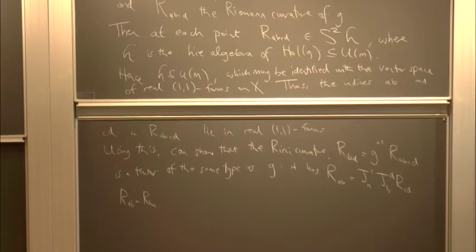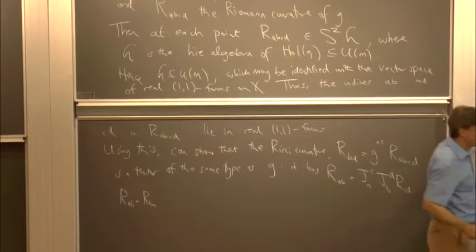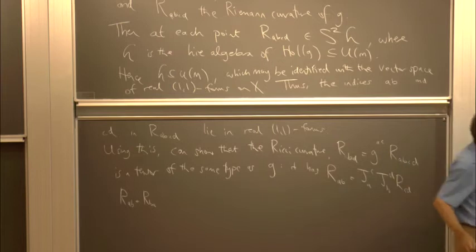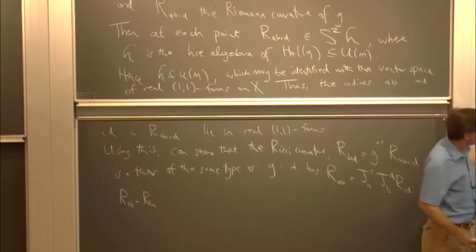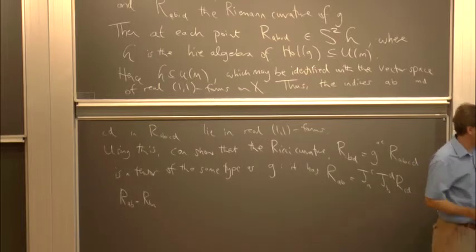The second Bianchi identity implies that d rho equals 0 as for Kähler forms. Okay, so you can also recover the Ricci curvature from rho just by multiplying rho, let's say on the right, by J. And so therefore, if you know rho, you also know the Ricci curvature.